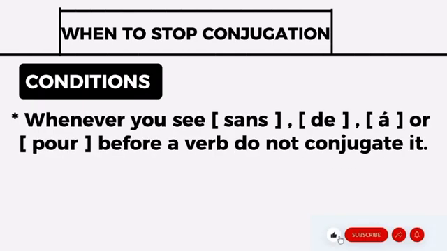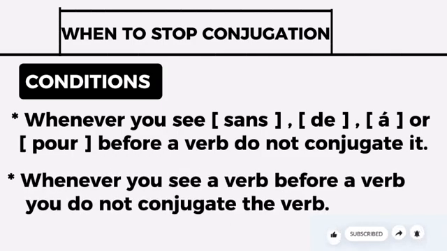Whenever you see sans, de, à, or pour before a verb, that verb is left in its infinitive form and it is not conjugated. Also, whenever you see a verb before another verb, the second verb is left in its infinitive form and it is also not conjugated.